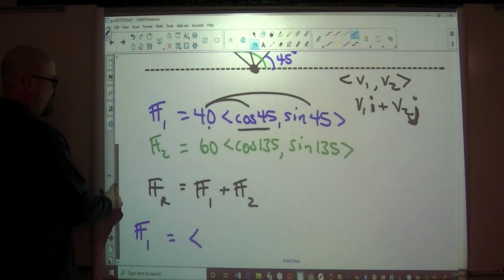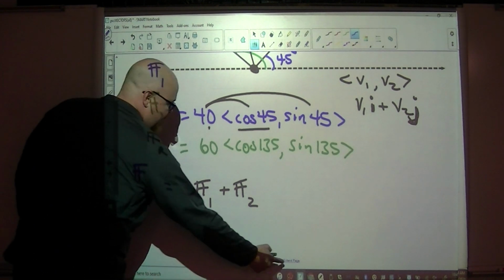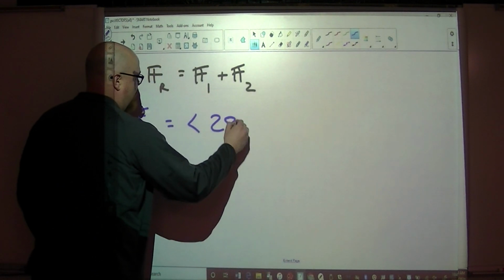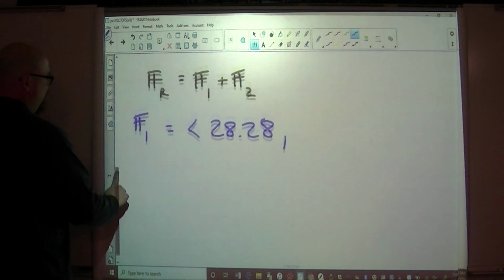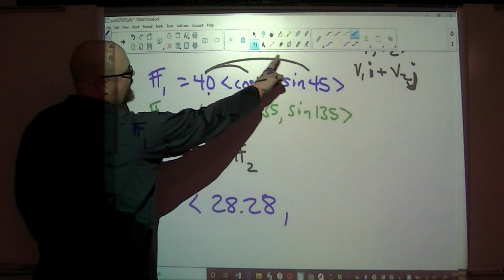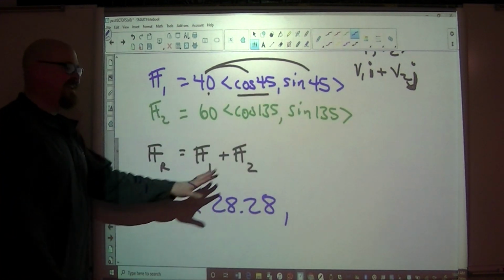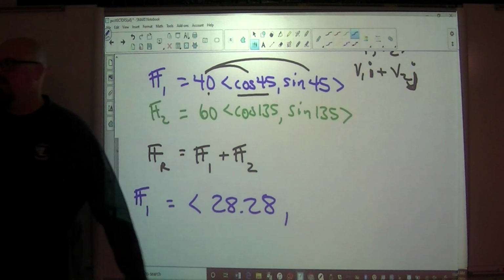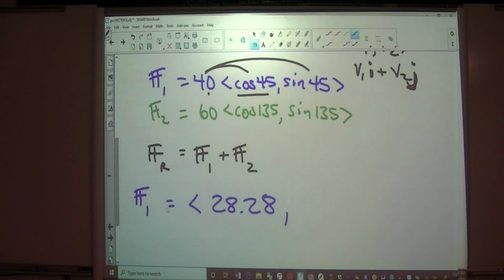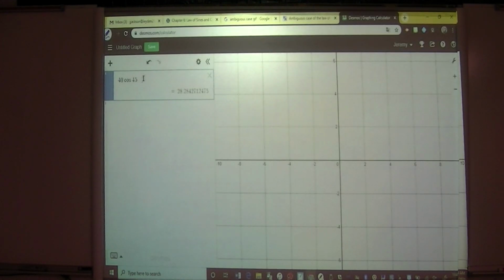So the horizontal component for force vector 1 is 28.28. The vertical component is what I get when I do 40 times the sine of 45. I want decimals for these, much easier to work with than these trig forms. I'm going to cheat here a little bit. Oh, wouldn't you know it, 28.28.